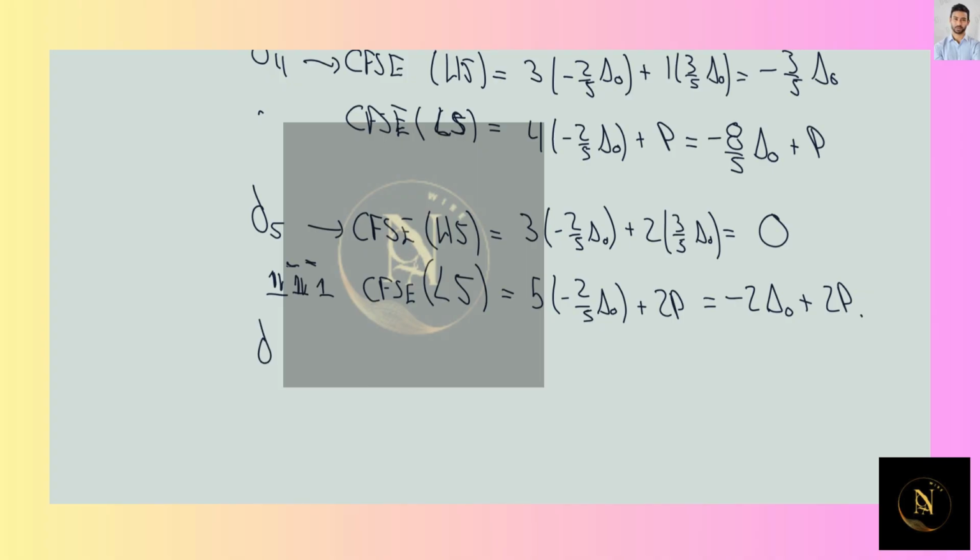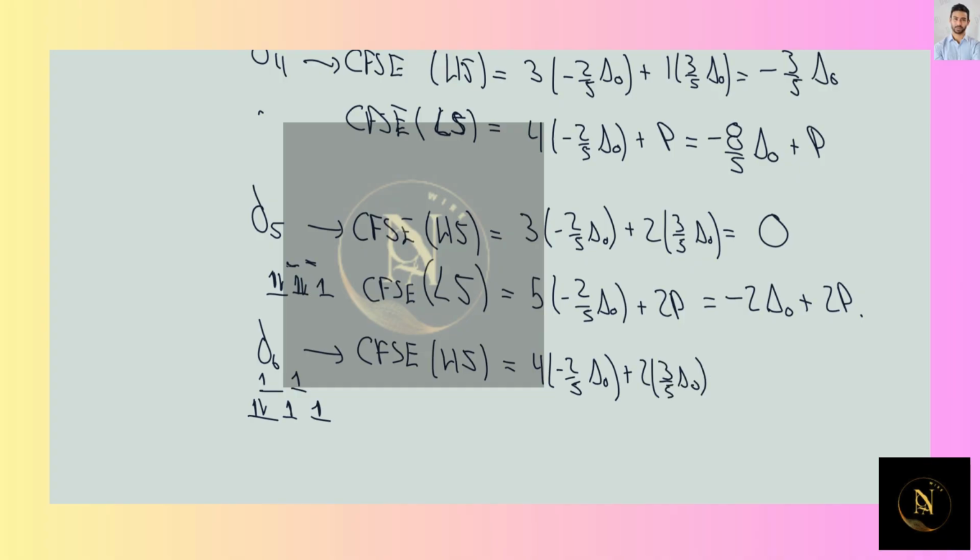Now for D6, again, crystal field stabilization energy. Let's do first the high spin case. The high spin case corresponds to 1, 2, 3, 4, 5, 6. So this would be equal to 4 times minus 2 over 5 delta naught plus 2 times 3 over 5 delta naught plus the pairing energy for this pair of electrons.